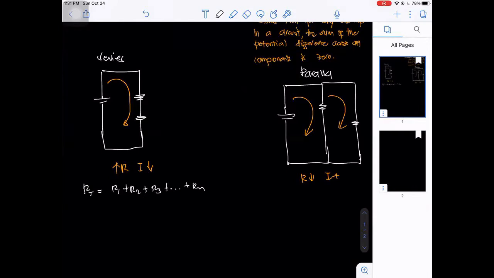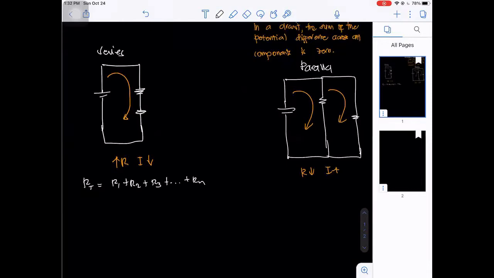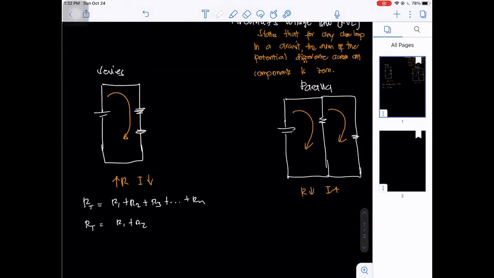In this case, since we have two resistors connected in series, we can compute R total as equivalent to R1 plus R2. In our series circuit, let's say we have an applied voltage of 10 volts, and R1 and R2 are equal to 3 ohms and 2 ohms respectively.